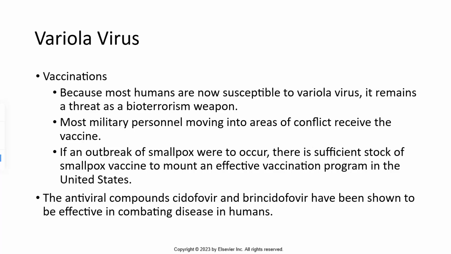Most military personnel moving into areas of conflict receive the vaccine, as I mentioned. If an outbreak of smallpox were to occur, there's sufficient stock of smallpox vaccine to mount an effective vaccination program in the United States. The antiviral compounds Cidofovir and Brincidofovir have been shown to be effective in combating the disease in humans.